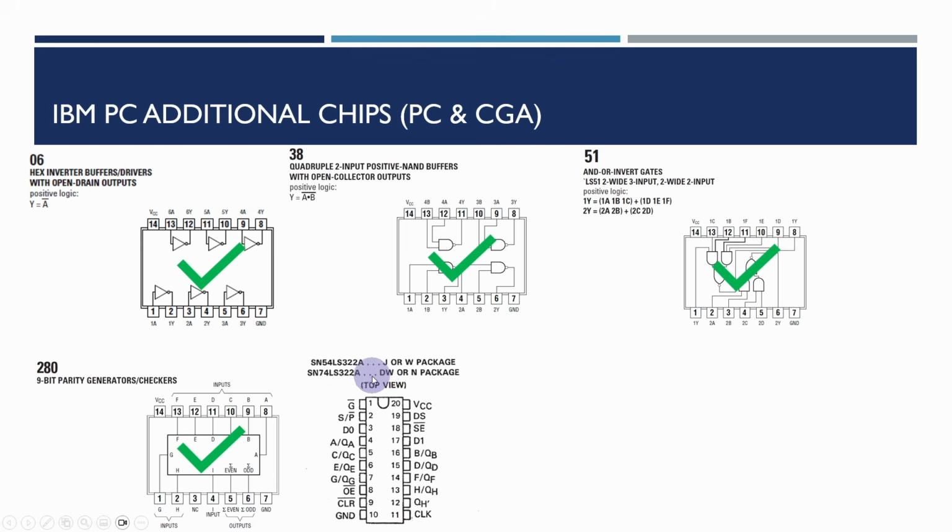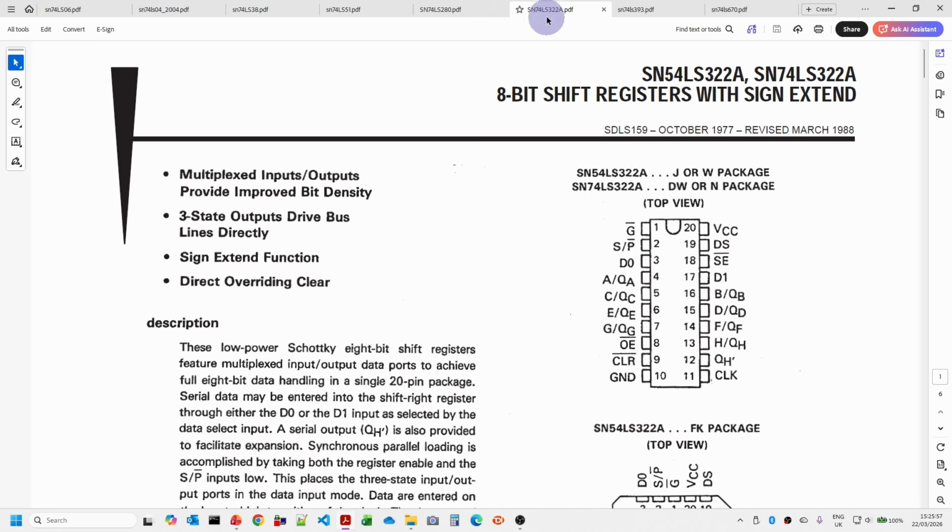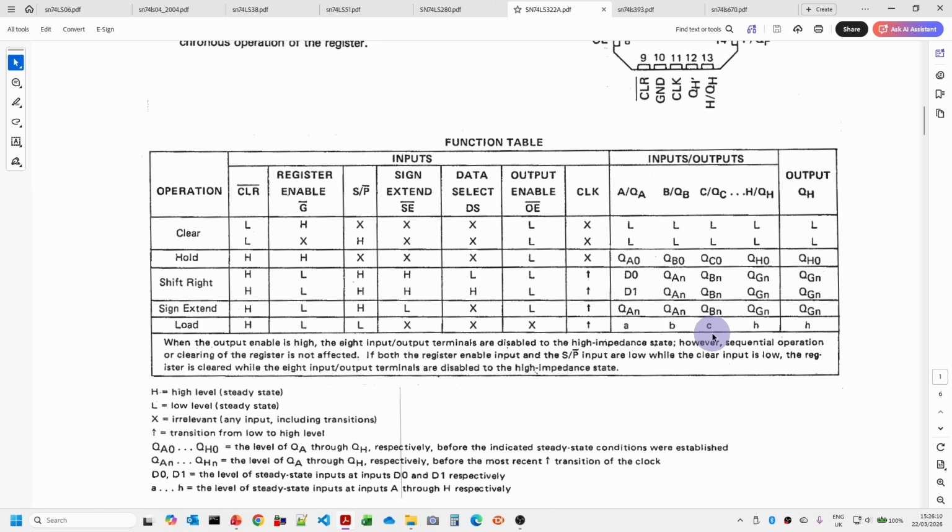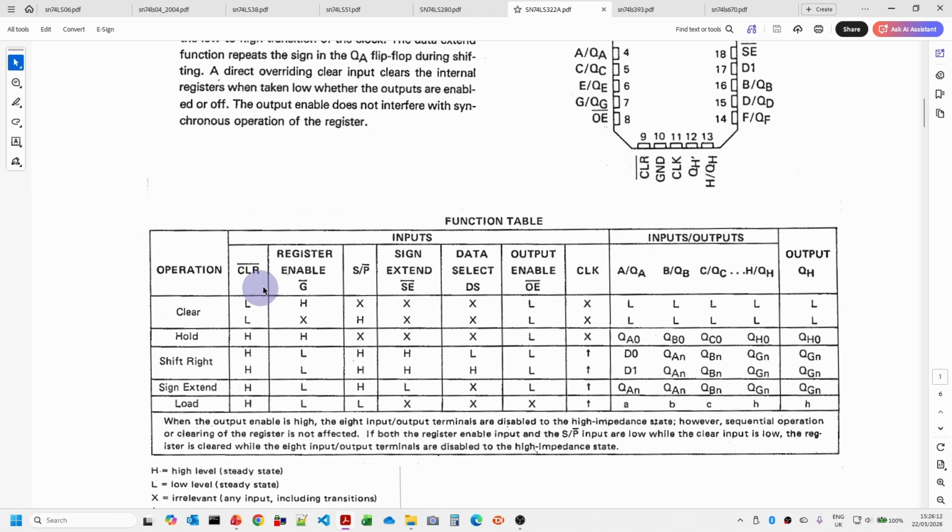Then we come on to this rather unusual 74LS322 shift register, a parallel input-output shift register, and this was used in the PC and the PC-XT keyboard controller. As I said earlier, you're unable to buy these anymore. What it basically has is a parallel in, so 8 inputs or 8 outputs, and the table here explains a little more about what's going on.